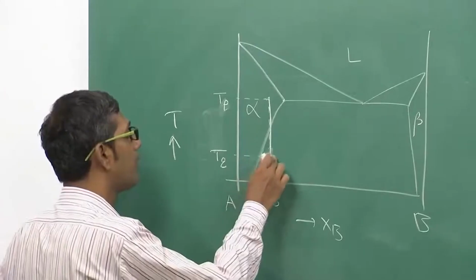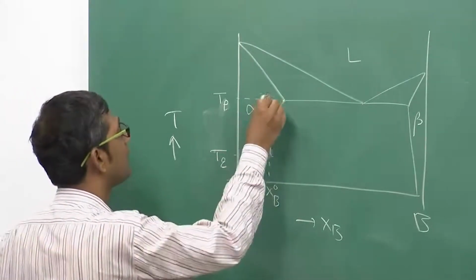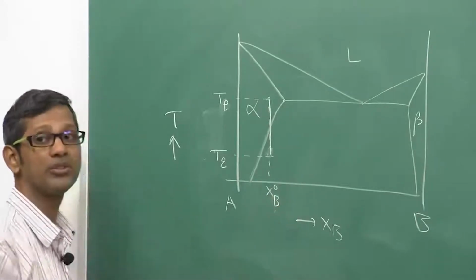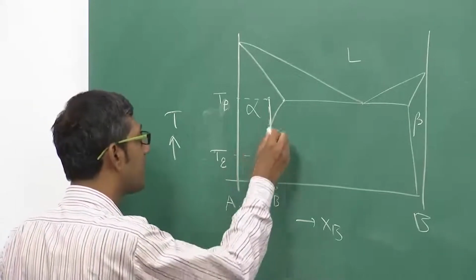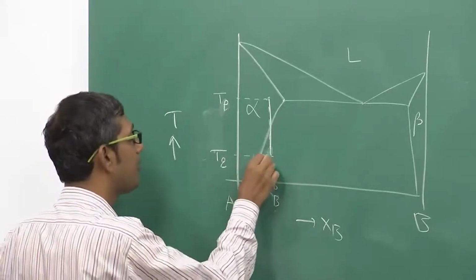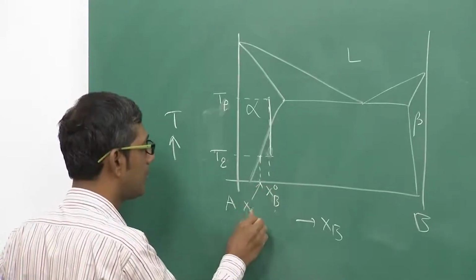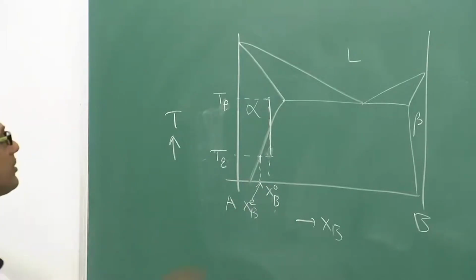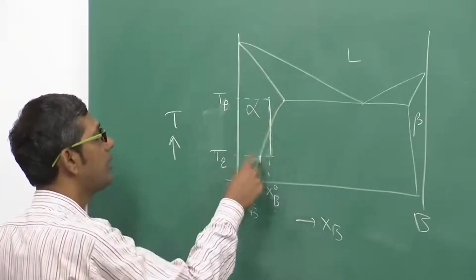Although the alpha phase is retained, as you see here, at this temperature the alpha phase contains about X_B0 amount of the solute B. On the other hand, as per the phase diagram, at temperature T_Q it can only contain this much amount, X_BE, of the solute, because the solid solubility of B in the alpha phase is going down.